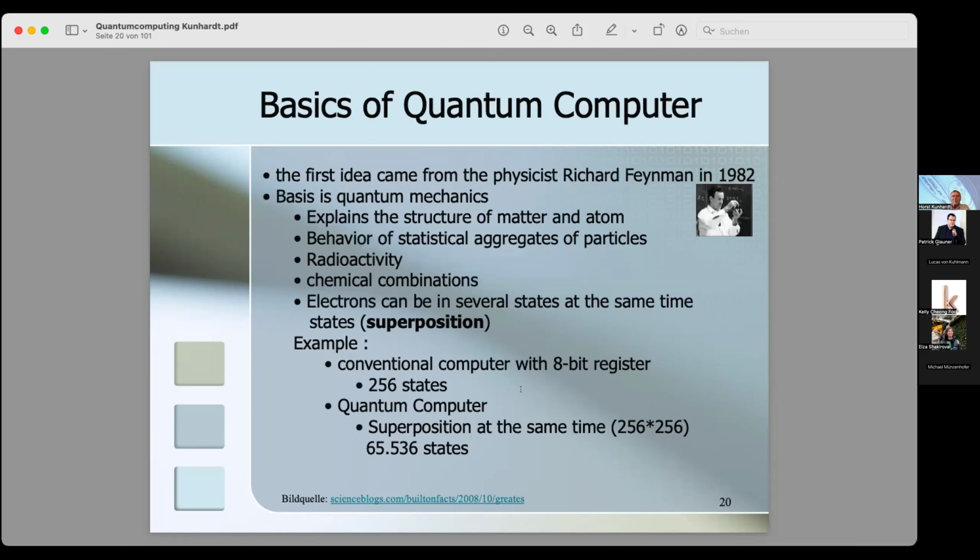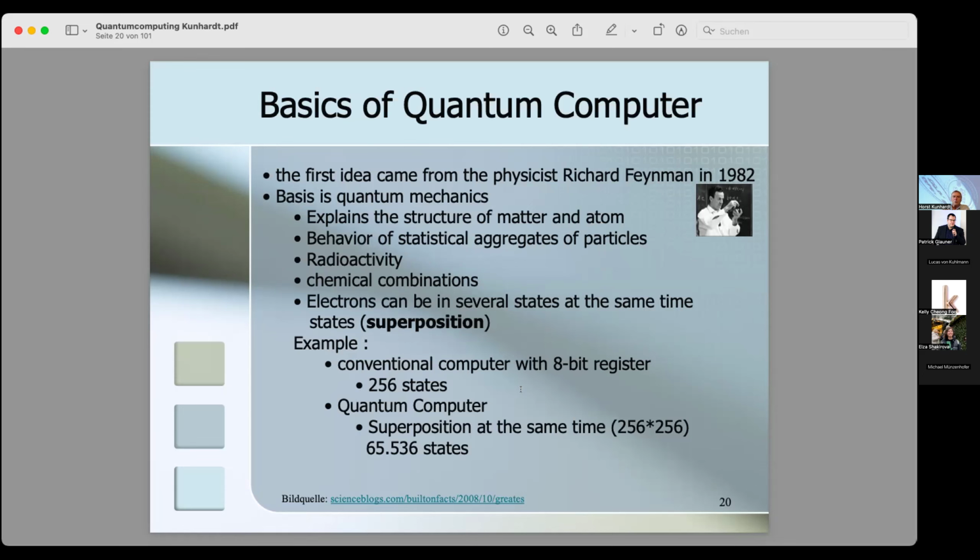So Richard Feynman, whose name I dropped already, a very famous physicist from the US, found out in 1982 that quantum mechanics could be used to build a quantum computer, or to calculate with quantum states.